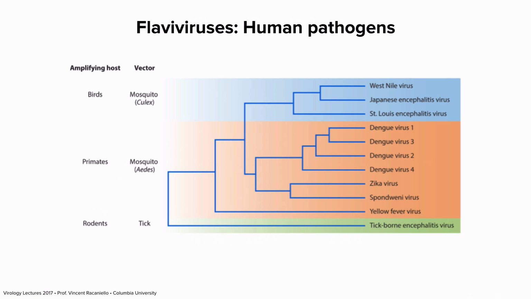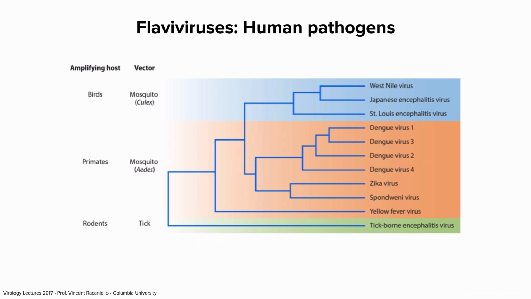Here we have a group of viruses in orange where the amplifying hosts are primates, and it's transmitted by a different kind of mosquito, Aedes mosquitoes as opposed to culicine mosquitoes with the top three. And here we have our 4 serotypes of dengue, Zika virus, yellow fever virus, and these are all transmittable among humans by the vector. So they don't have to go back to the reservoir host each time.